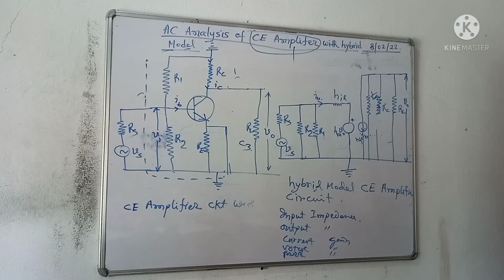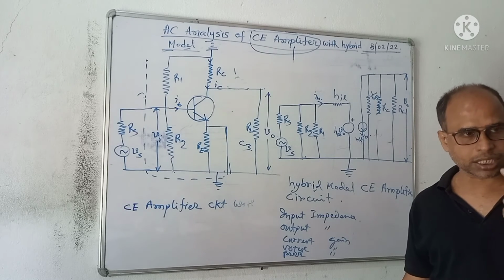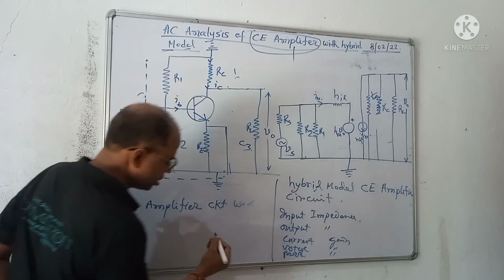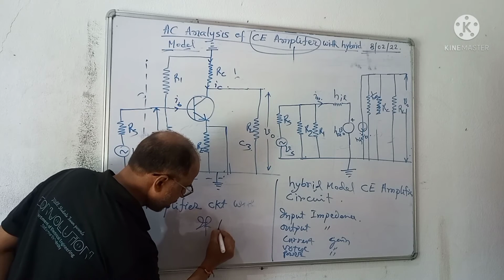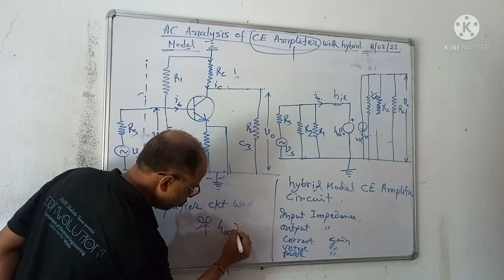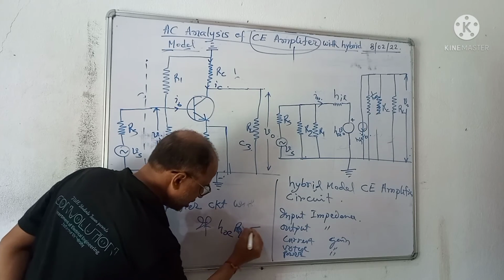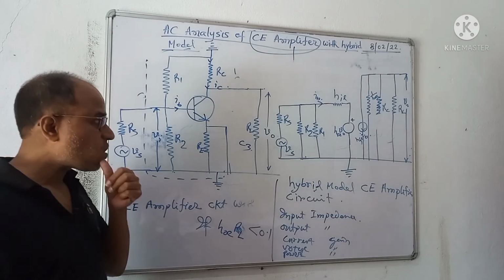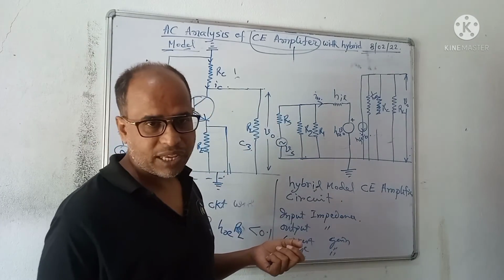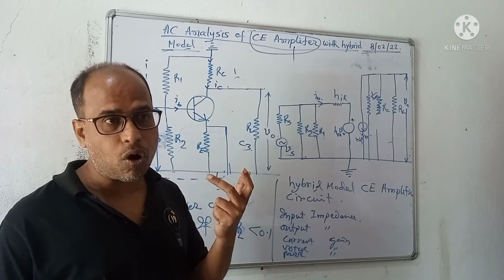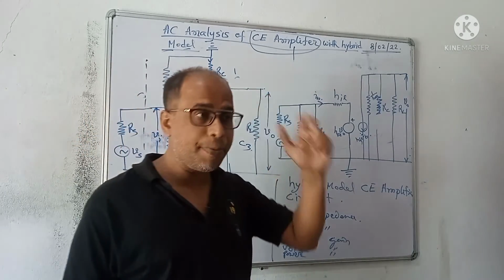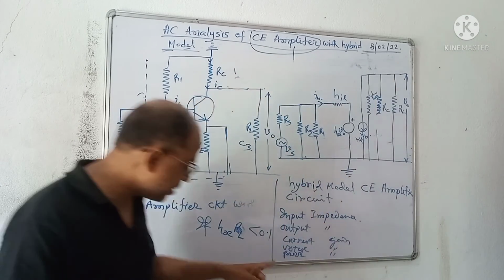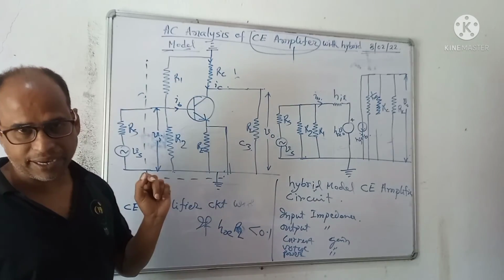That's why we use a simplified model. The condition is: if HOE into RL is less than 0.1, then we can use a simplified hybrid model of the transistor.